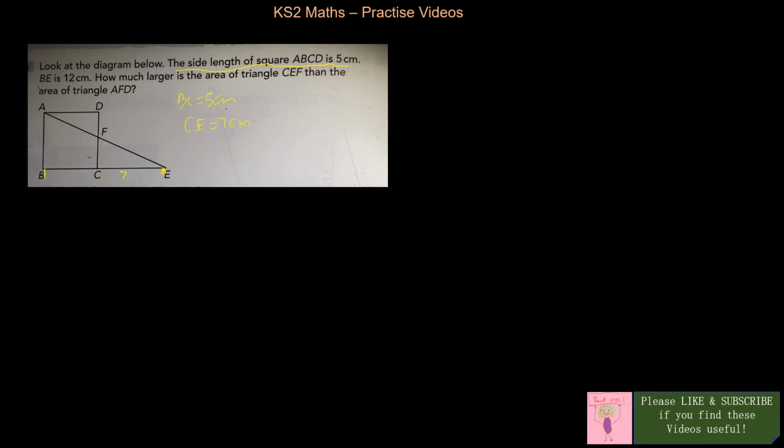Now, let me keep this, it will help us. So this is 5 and BC, and this is 7. So that's the measurement we have.